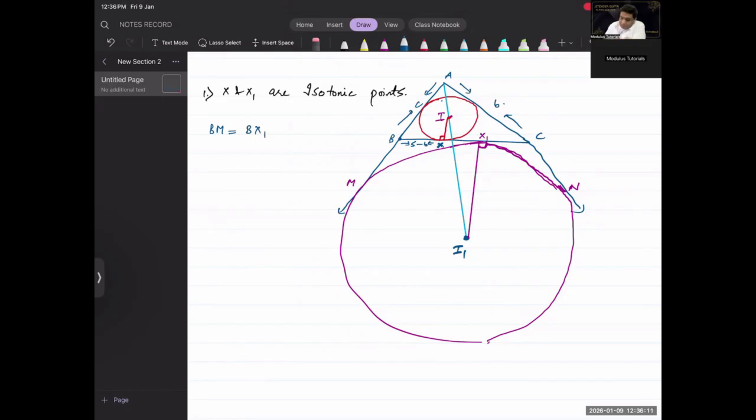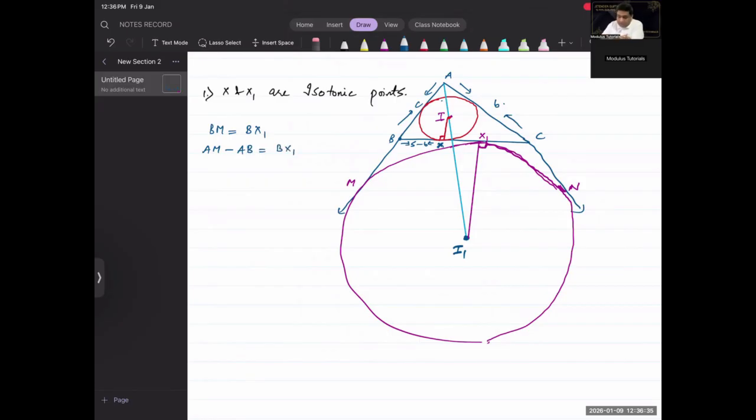Any problem? Now, if you ask me what is BM, see, BM is equal to BX1, right? What is BM? BM is nothing but AM minus AB. So this is BX1.